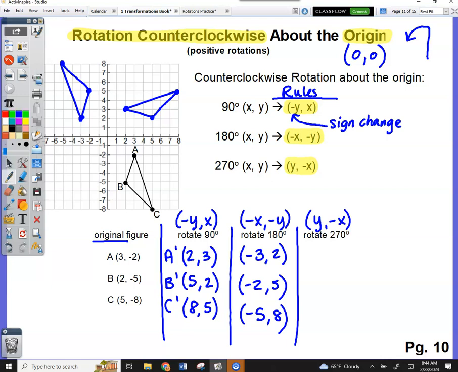So this would be -2, -3, right? See how I do that? Change the sign of X to be -2. Imagine picking it up and putting it behind the -5. This would be -5. Pick it up, put it behind it.